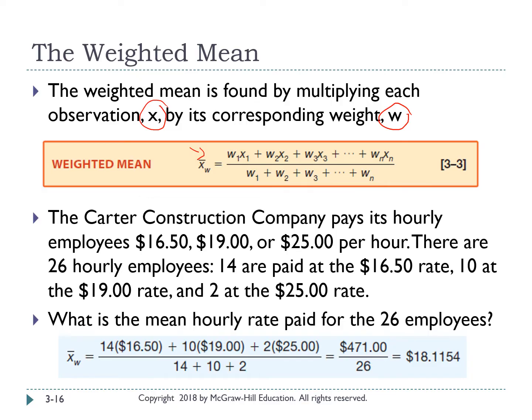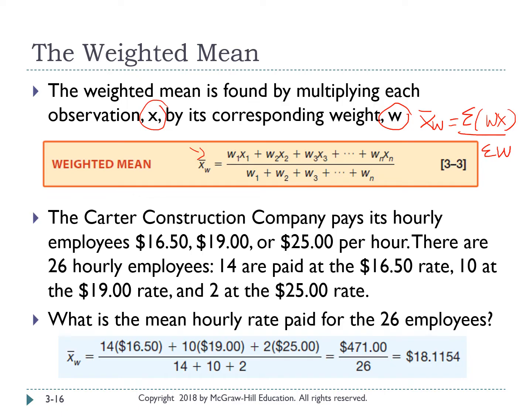Okay, so this formula may look quite complicated, but I can make your life easier. If I want to write the formula in a simple way, I will put x bar w, the weighted mean, equals the summation of your weight multiplied with your observation over the summation of all your weights. So this is the shortcut formula, but basically they are the same.